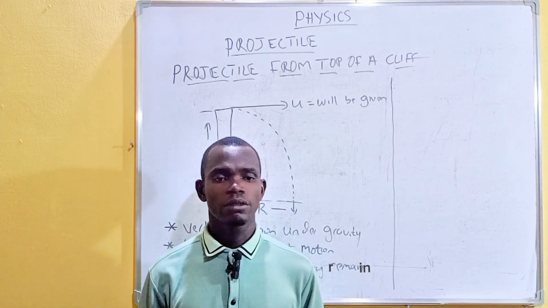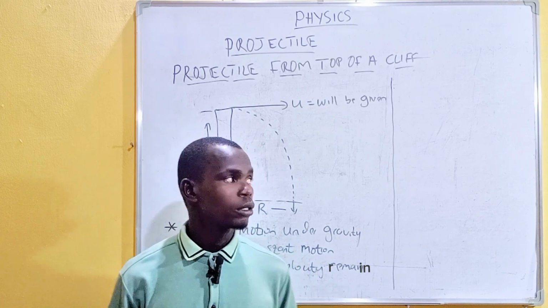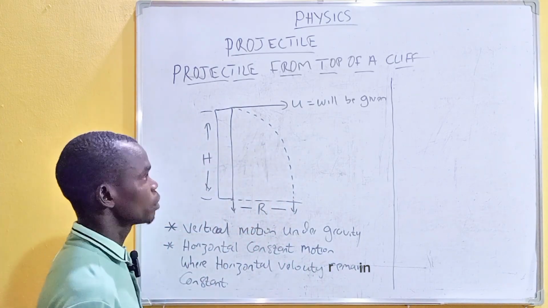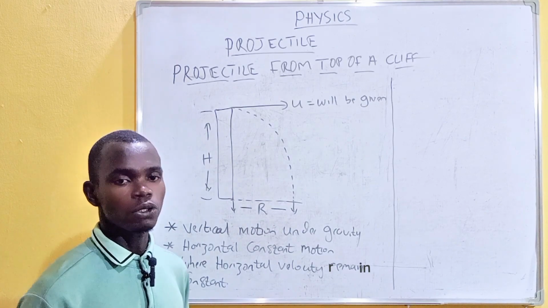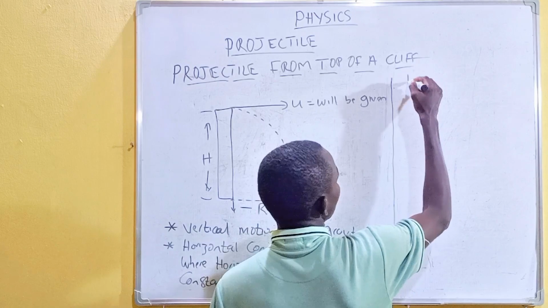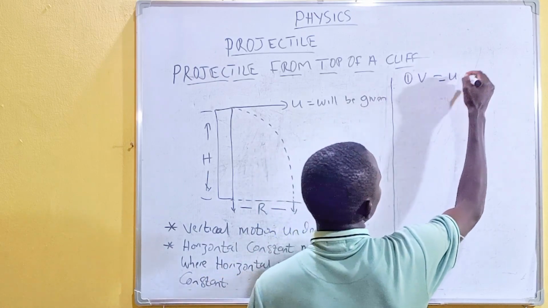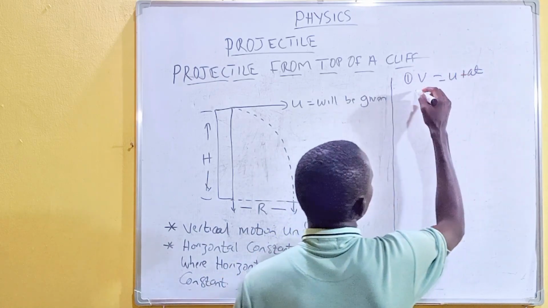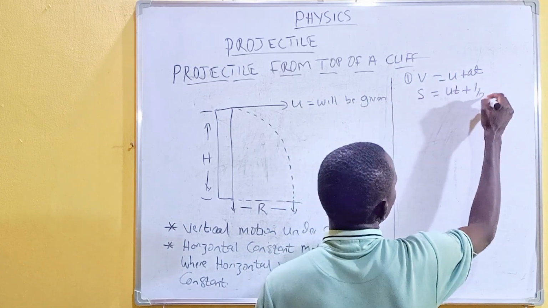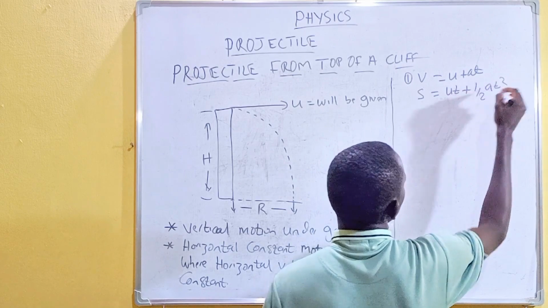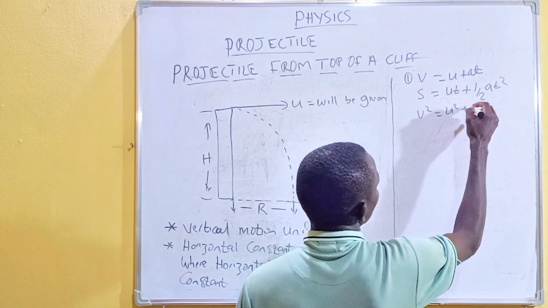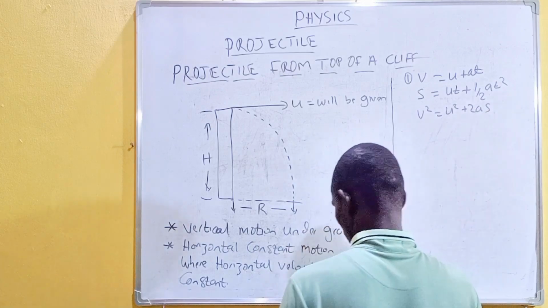So let's consider the vertical motion. If we are to consider the vertical motion, we make use of the equations of motion under gravity, which are: v is equal to u plus at, s is equal to ut plus 1 over 2 at squared, and v squared is equal to u squared plus 2as.